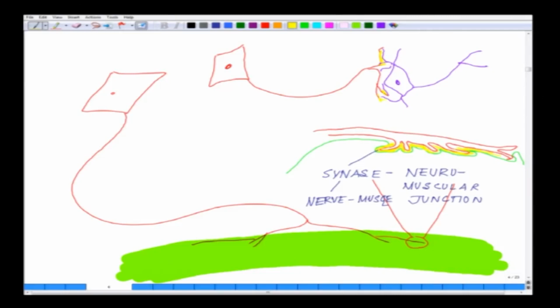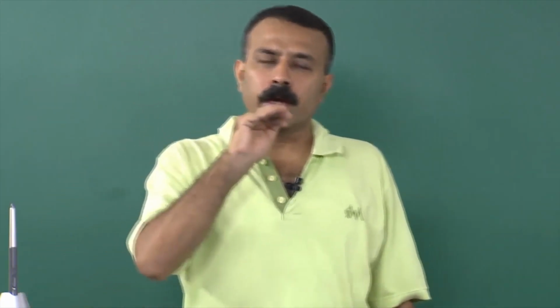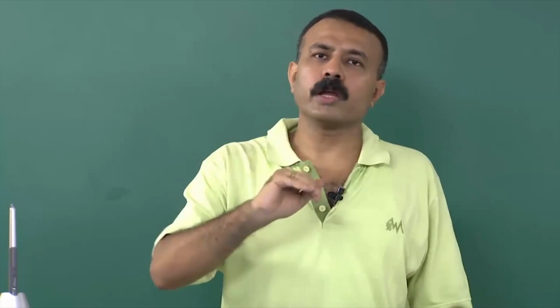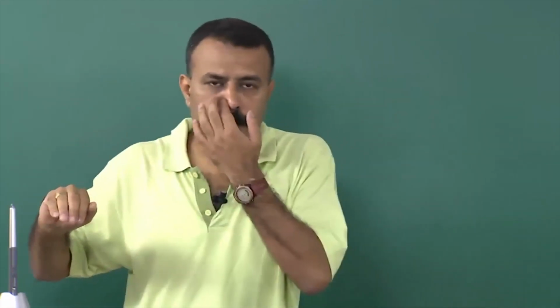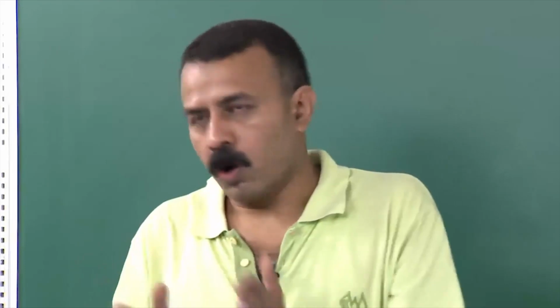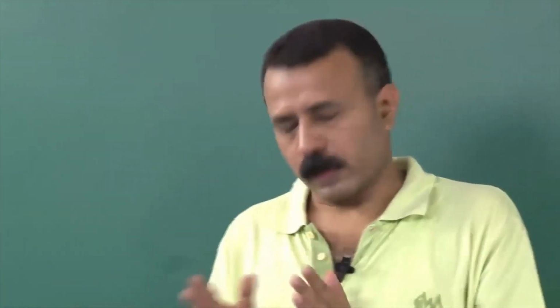Let me put the label here. Synaptic cleft. These synaptic clefts are the regions where electrical signal from one neuron is either transmitted to another neuron, or the electrical signal from one neuron is transmitted to its target tissue, which could be a muscle or a neuroendocrine cell or something.